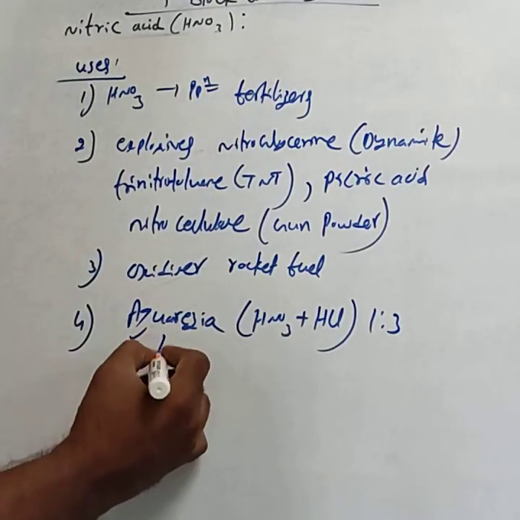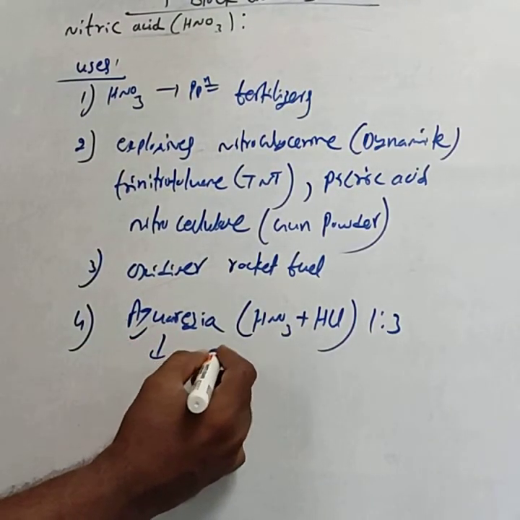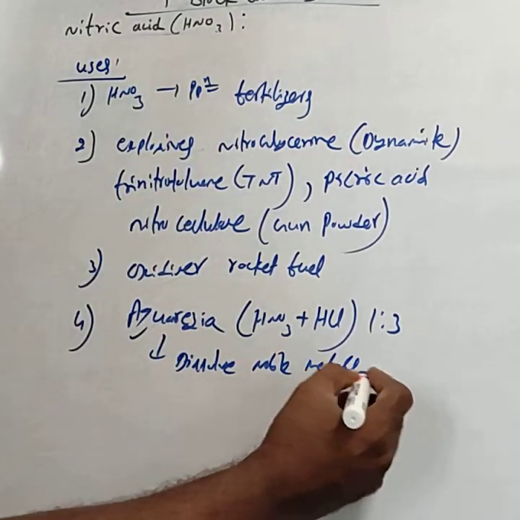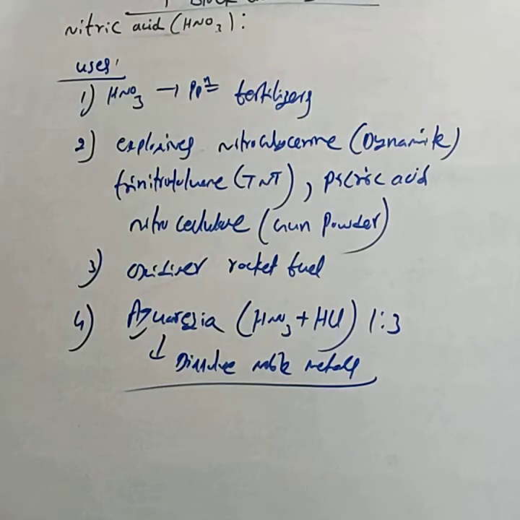Aqua regia is used to dissolve the noble metals. This is about the uses of HNO3. In the next class we will study the oxides of nitrogen.